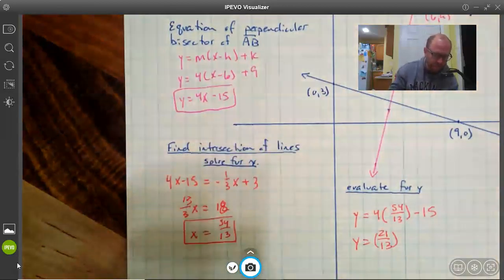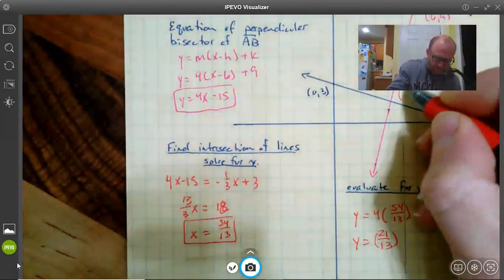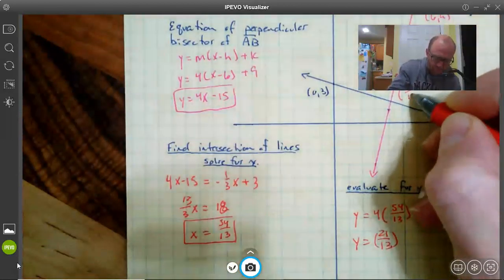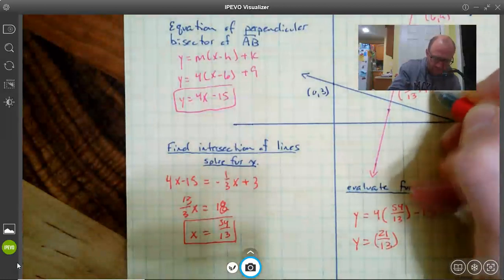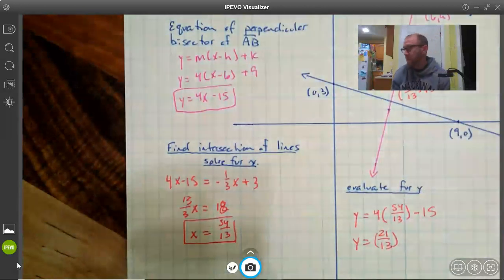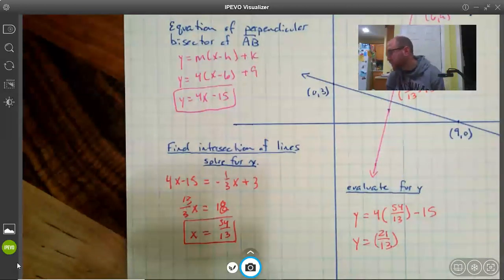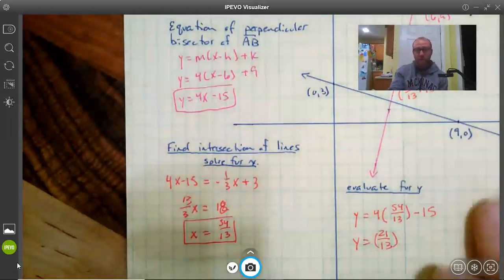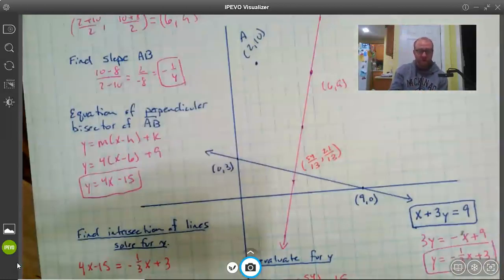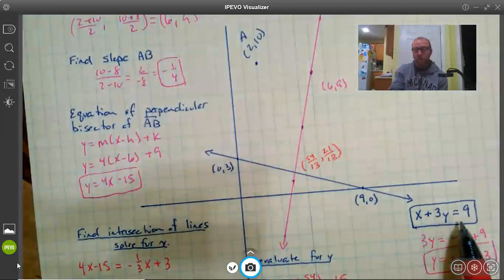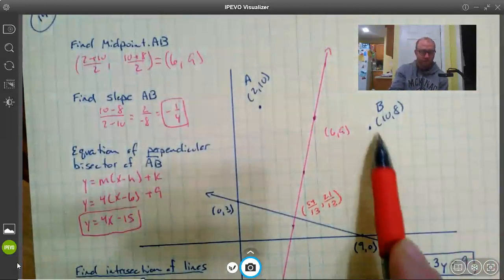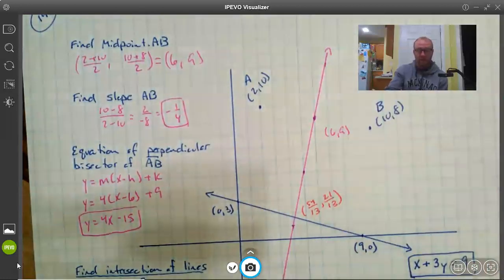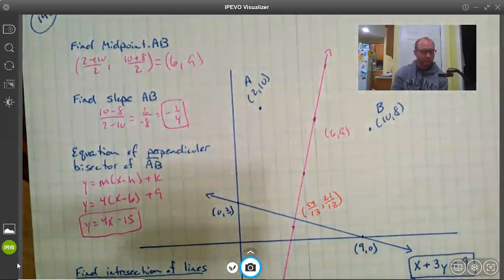So it looks like we're on the right track there. So we have 54/13, comma, 21/13. Let's see, was there anything else we were supposed to do here? Nope. That's the point. So this point right here is on the line x plus 3y equals 9, and it's equidistant from B and A because it's on the perpendicular bisector of B and A.